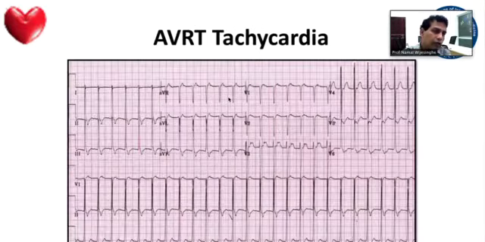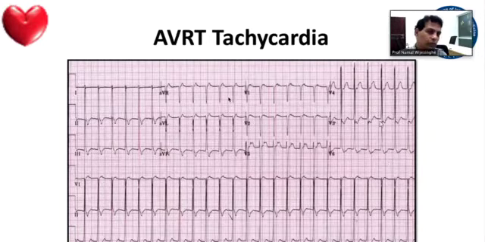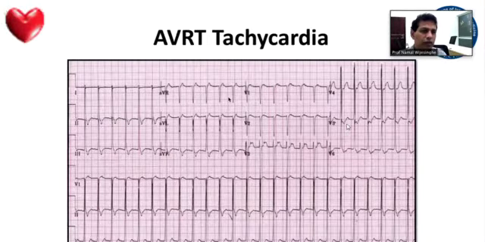This is AV-RT tachycardia. How you identify it is you will see an inverted P wave soon after the QRS complex. Usually the P wave is before the QRS complex, but in AV-RT tachycardia there is an inverted P wave. Now in L5 you can very clearly see the inverted P wave after the QRS complex. But don't try to remember all these things.